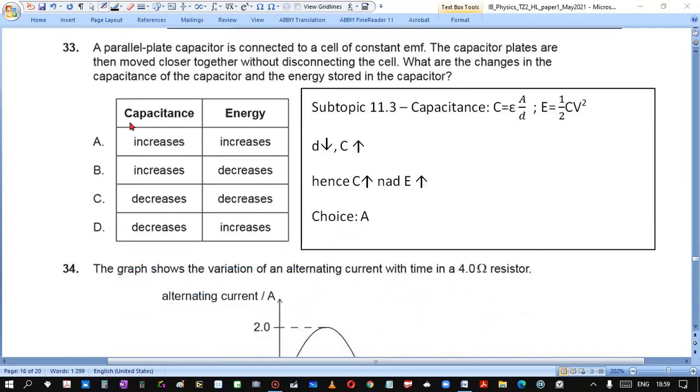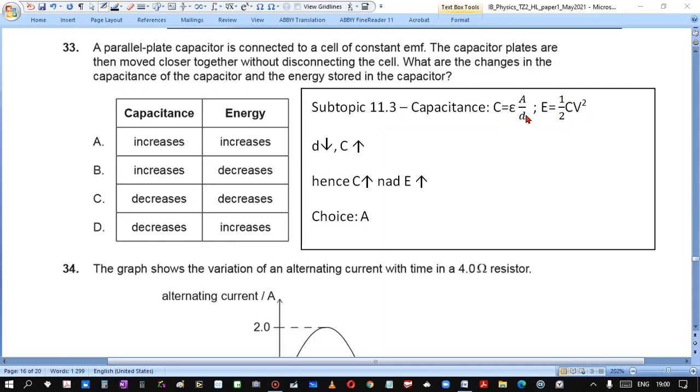Question 33. A parallel plate capacitor is connected to a cell of a constant EMF. The capacitor plates are then moved closer together without disconnecting the cell. What are the changes in the capacitance and the energy stored in the capacitor? So from subtopic 11.3 we have the formula for capacitance and energy of a capacitor.